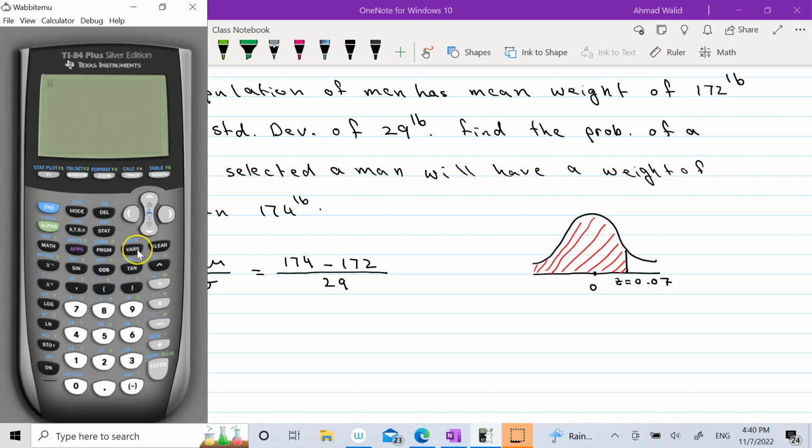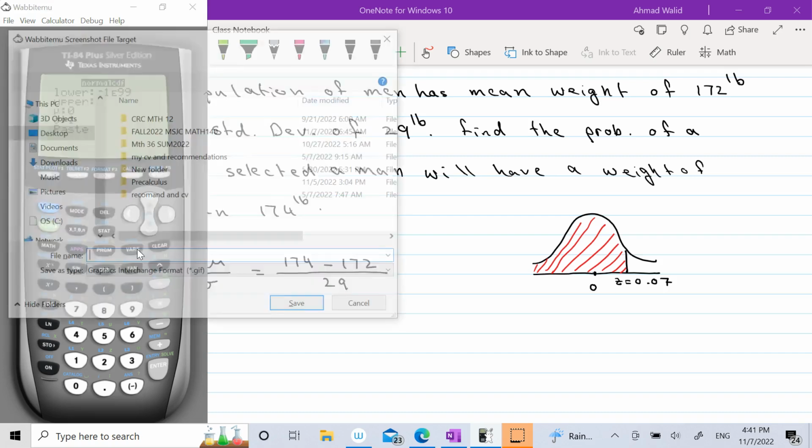Second, variance. As soon as you click variance, you see the first one is STR, the second one is normal PDF, number 1, and number 2 is normal CDF. Highlight normal CDF, enter.